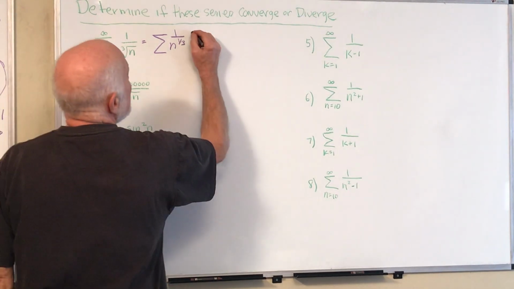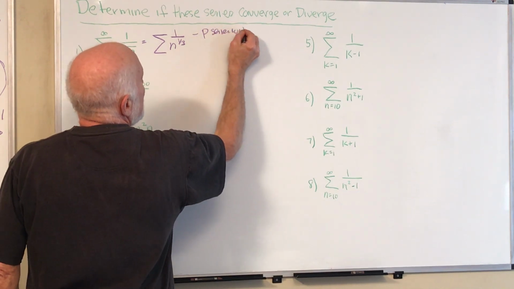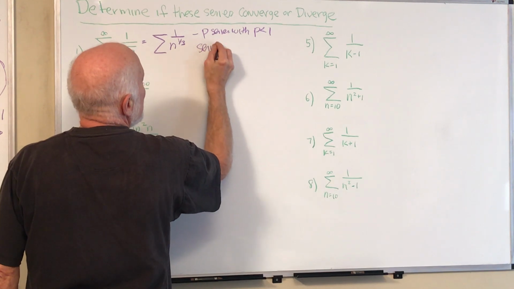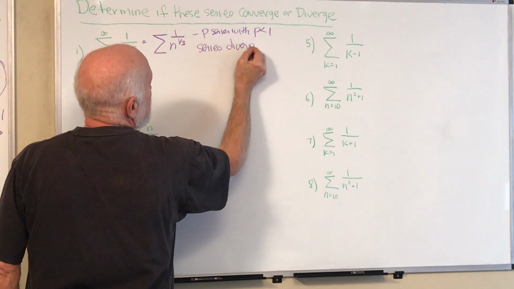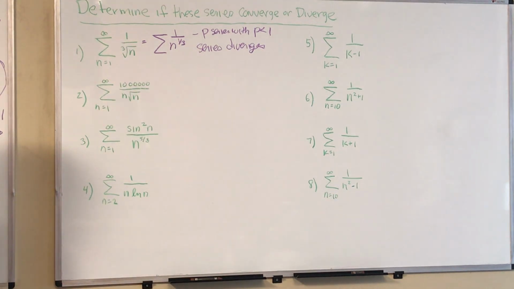So I can say p-series with p less than 1, the series diverges. If you have to write a reason, that's a perfectly good reason, because we've already proven that.